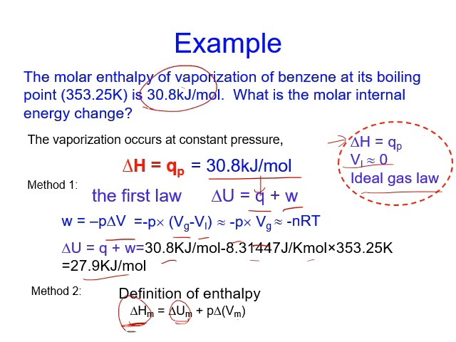So this is known. And what about the P delta V? That is similar to method 1. Delta V is the volume of the gas minus liquid, and therefore it's approximately just the volume of the gas. And then PV equals nRT. You should get the same answer.